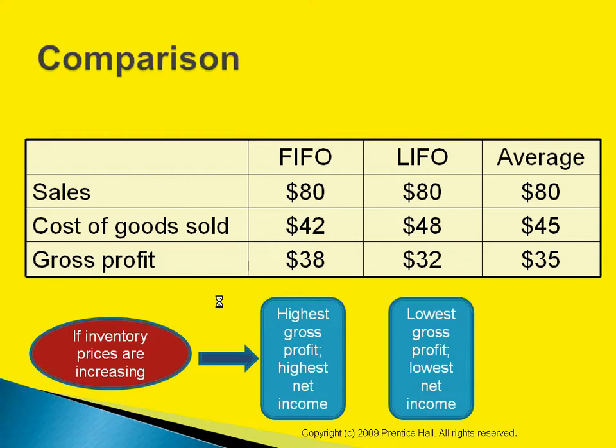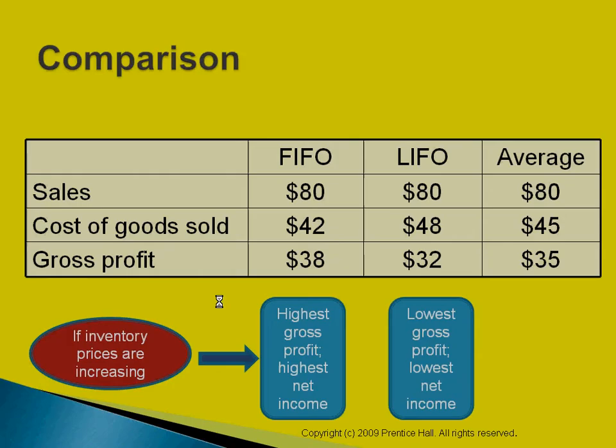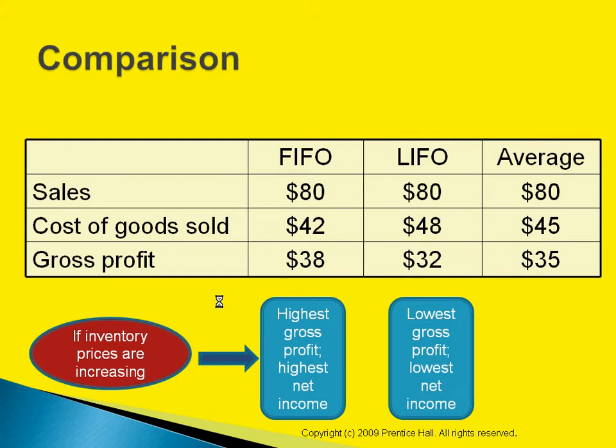So what we can say from our example, where we had shirts in inventory at $10 and they rose to $12 on subsequent purchases, was that in periods of rising prices, FIFO will produce the largest ending inventory, whereas LIFO produces the lowest ending inventory costs.